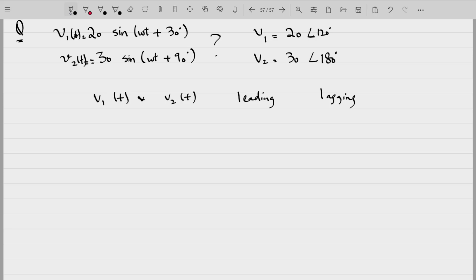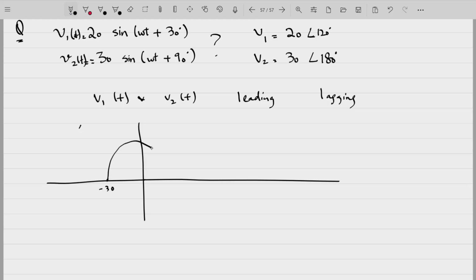Is v1 leading v2 or v2 is leading v1? ये आपका से फॉर एग्जांपल ओमेगा t एक्सिस है, v1(t) आपका -30 से स्टार्ट हो रहा है, उसके बाद जो भी है, ठीक है. v2(t) आपका -90 से स्टार्ट हो रहा है.